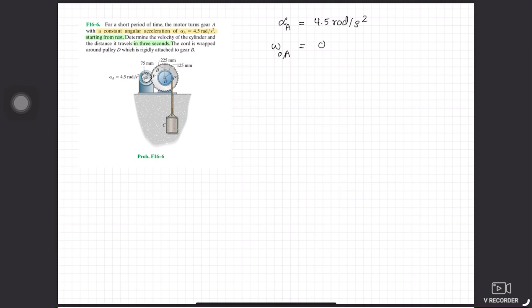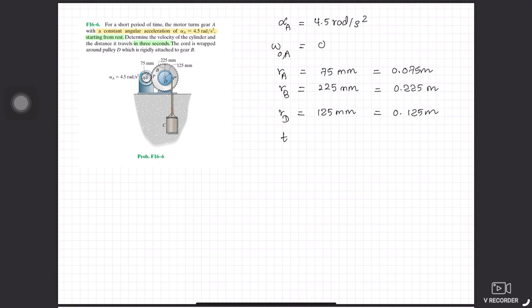Gear A and gear B have these distances: r_A is 75 millimeter, which is equal to 0.075 meter, and r_B is 225 millimeter, which is equal to 0.225 meter, and r_D is also given here in the picture, equal to 125 millimeter, which is 0.125 meter, and the given time t is 3 seconds.